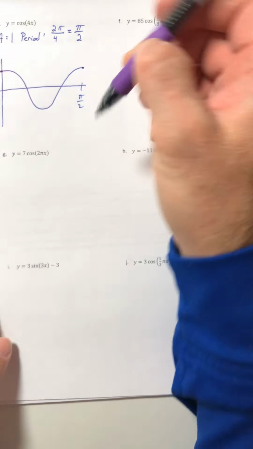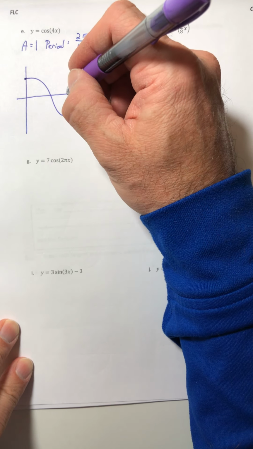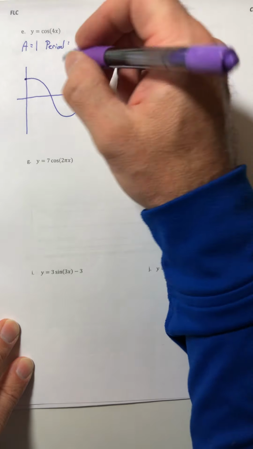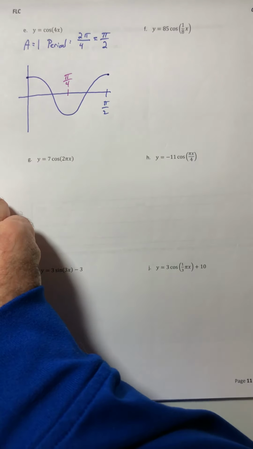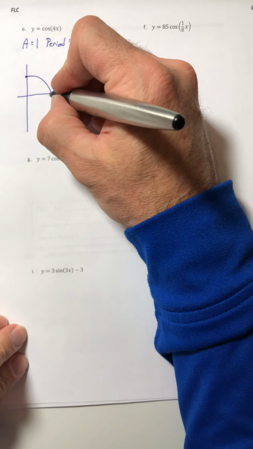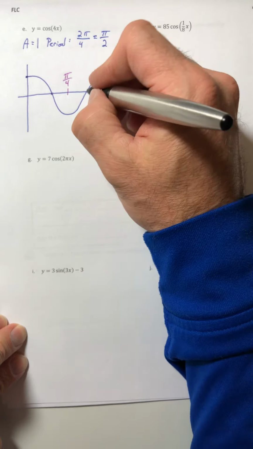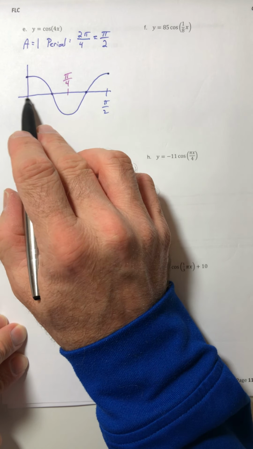But there is a little trick to getting the intercepts somewhat quickly. You still can figure out what is in between them. So what is in between 0 and pi over 2? Well, that would be pi over 4. So then these two intercepts are in the middle of each section. What's in between 0 and pi over 4?